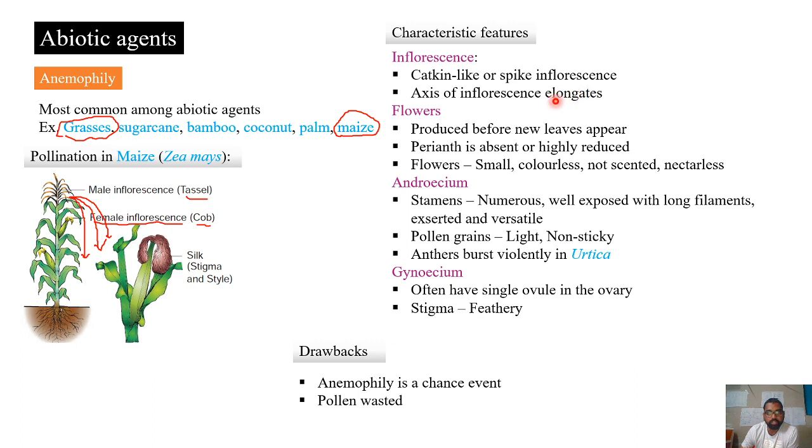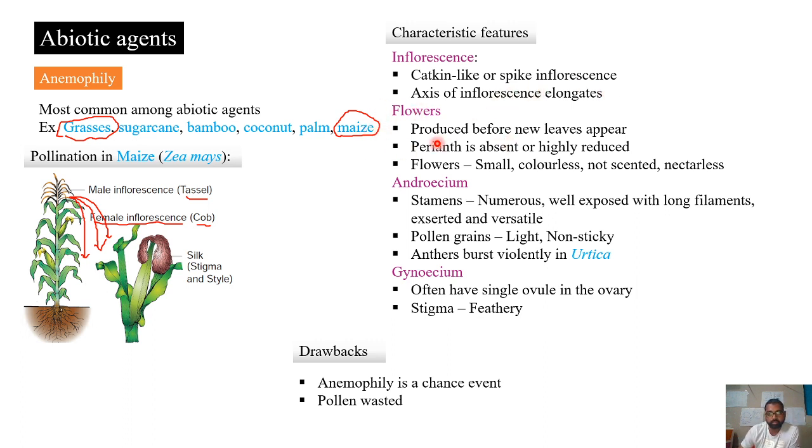This elongation is required for getting exposed to the wind. All the characteristics that we'll see under different parts help to get exposed to the wind. Therefore the flowers will be exposed more to the wind, and pollination will occur.